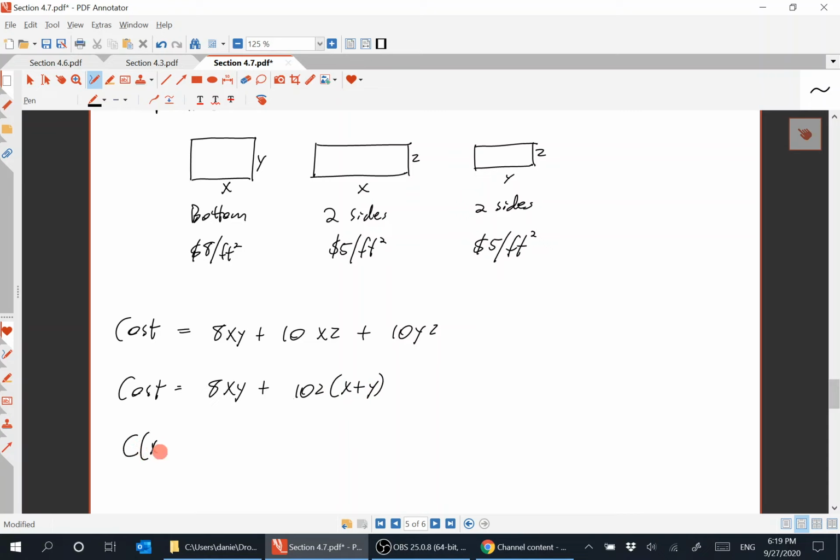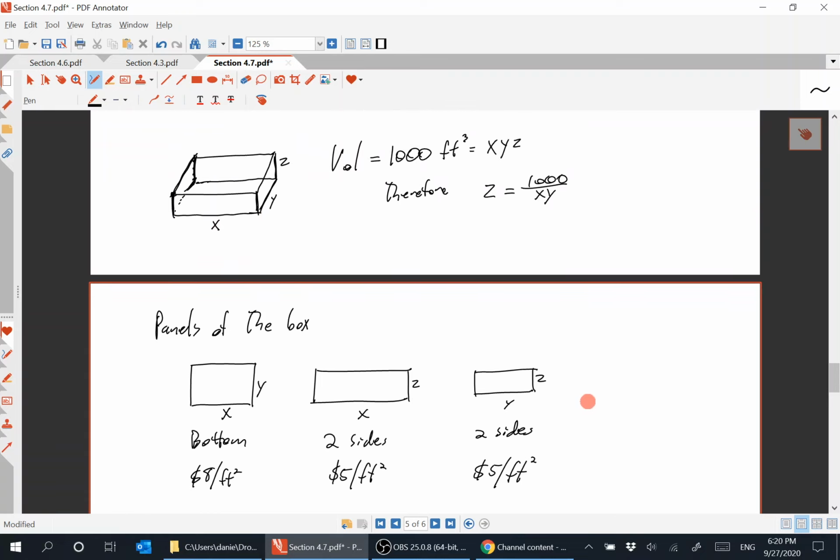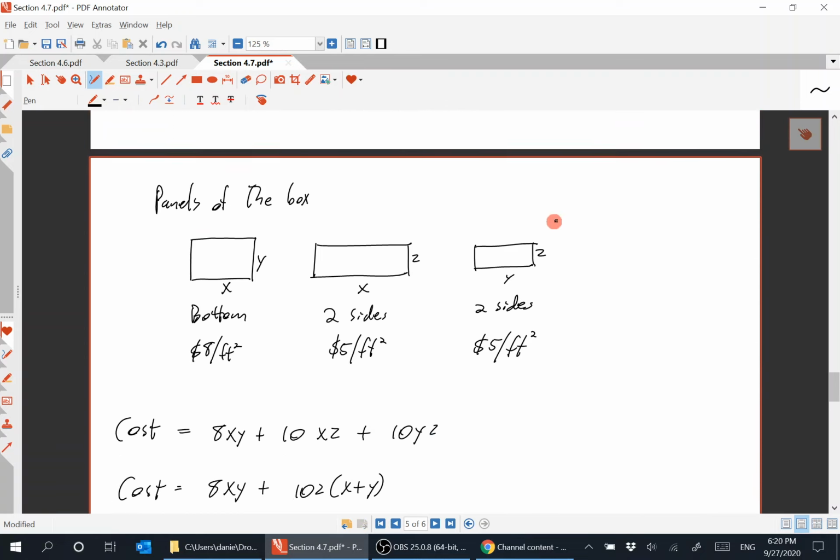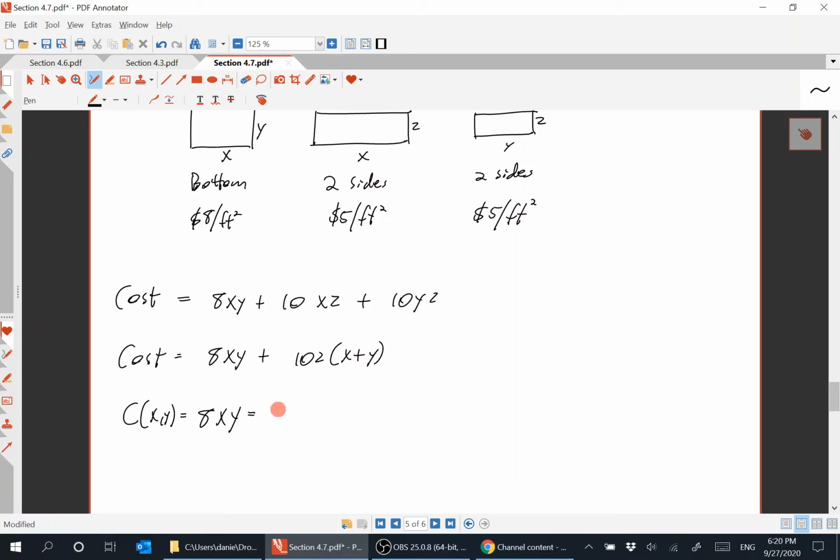So the cost in terms of x and y is equal to, well, z, what was z? Z was 1,000 over x times y. So here we get 10,000 over xy times x plus y.